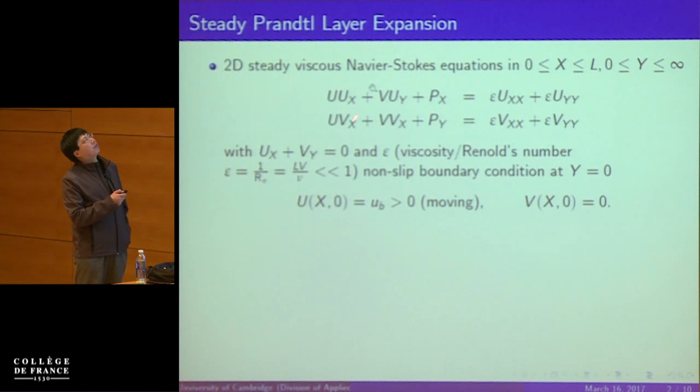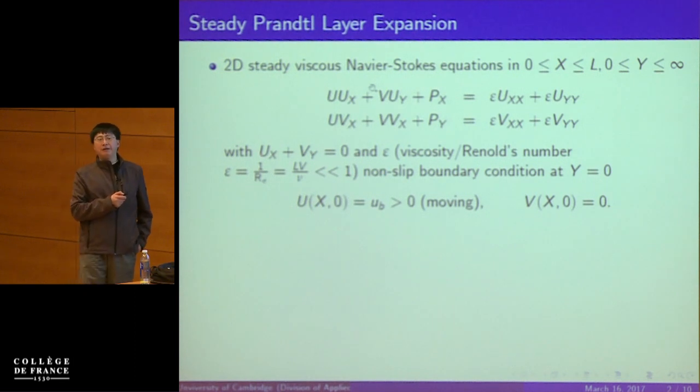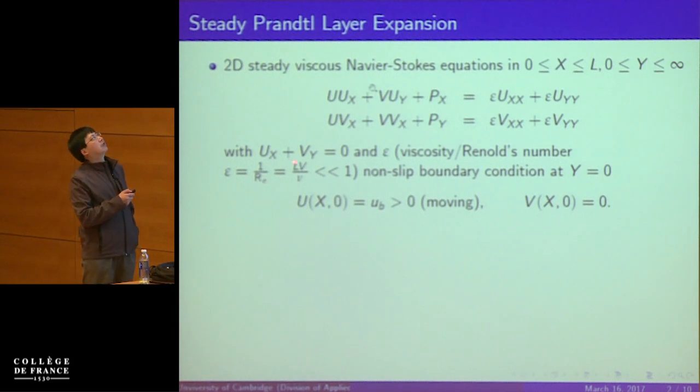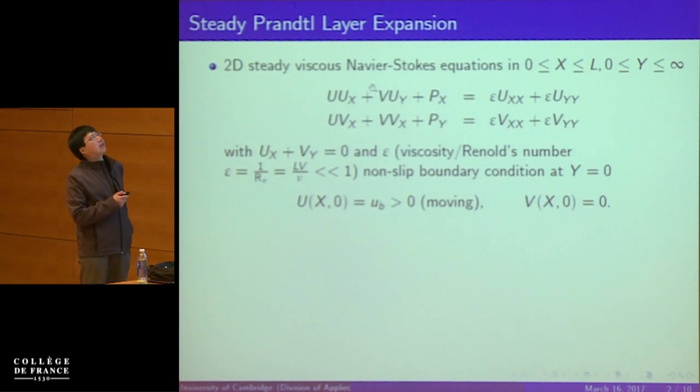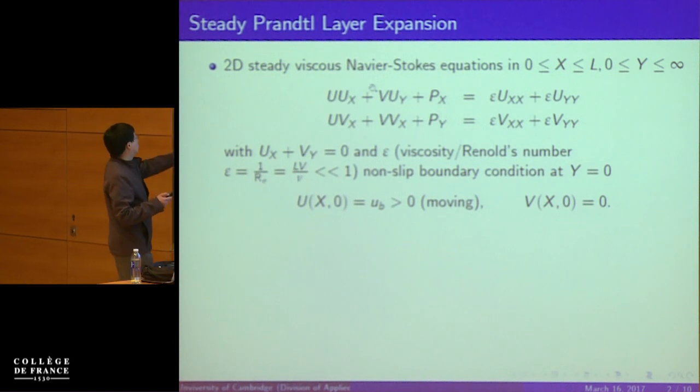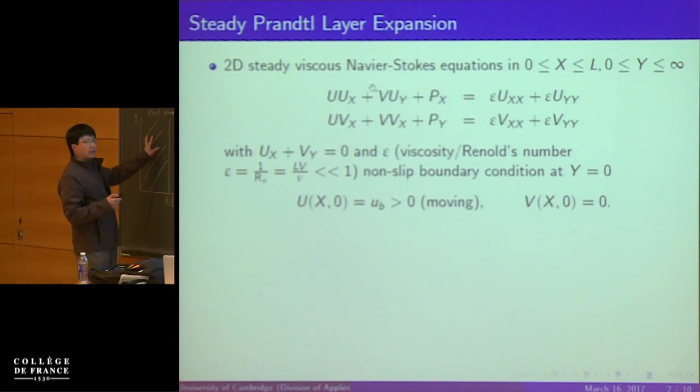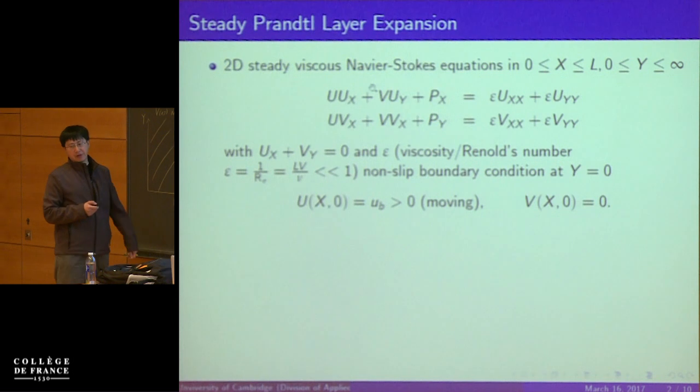This way, we have 3 equations for 3 unknowns, u, v, and p. Even though there's no equation for p, under this condition, you can show that in general you can solve for p. So there are 3 equations for 3 unknowns. This is the equation that should be satisfied within the region.